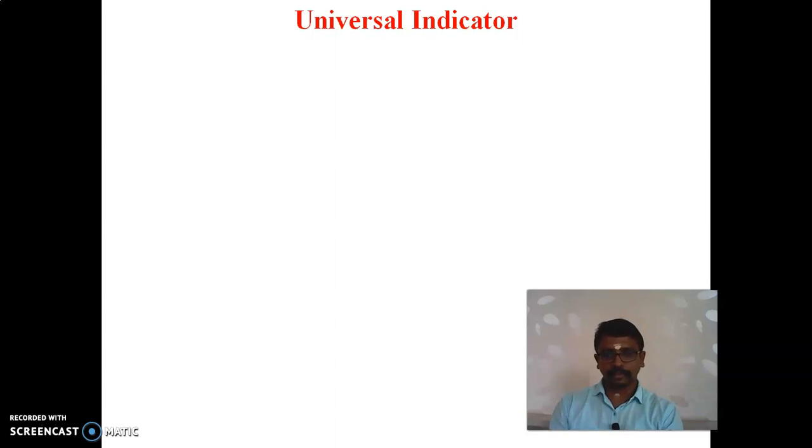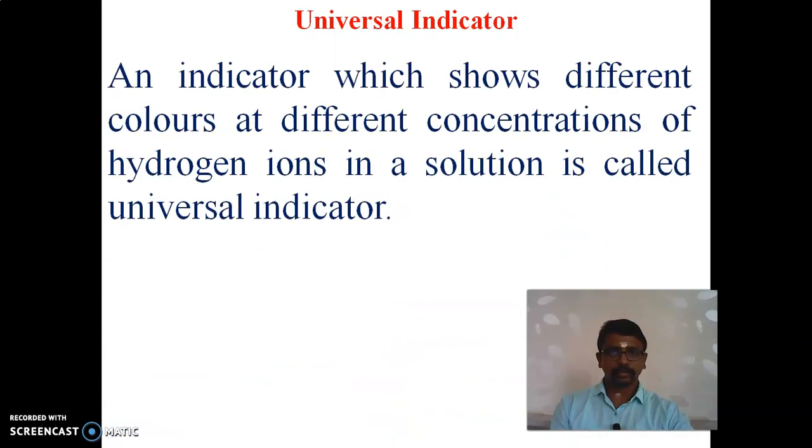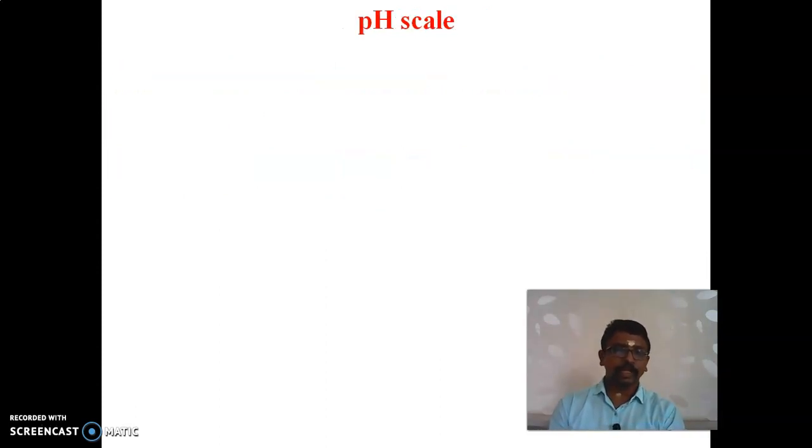Universal indicator. An indicator which shows different colors at different concentrations of hydrogen ions in a solution is called universal indicator. And next we see the pH scale.